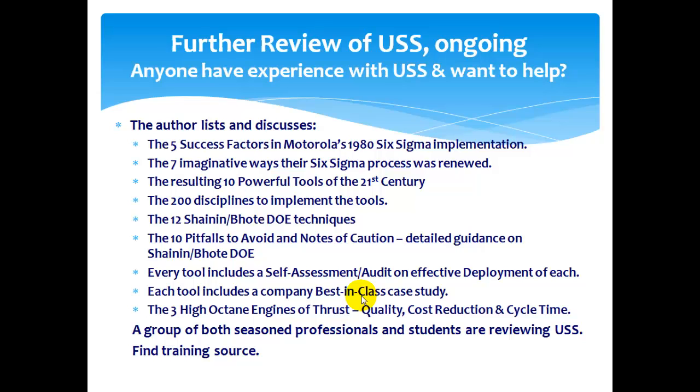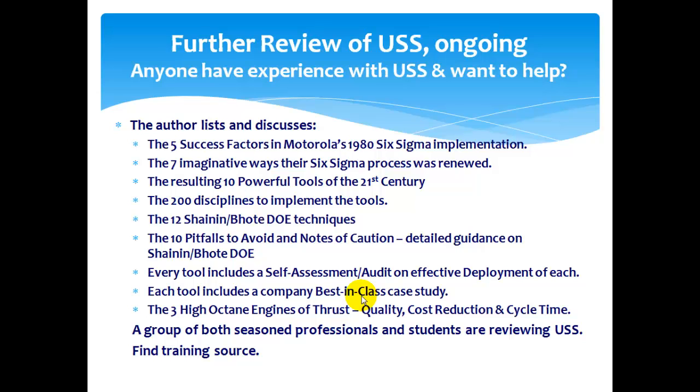The 10 pitfalls to avoid and notes of caution. Detailed guidance on that design of experiments. Every tool includes a self-assessment audit on effective deployment of each. Each tool includes a company best-in-class case study. And the 3 octane engines of thrust are quality, cost reduction, and cycle time.